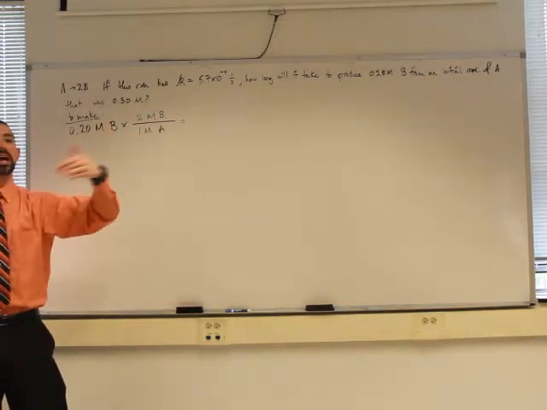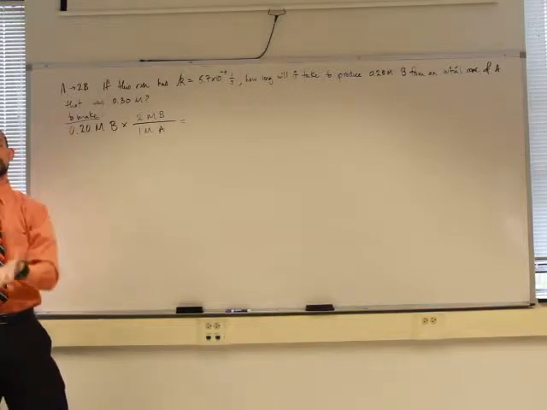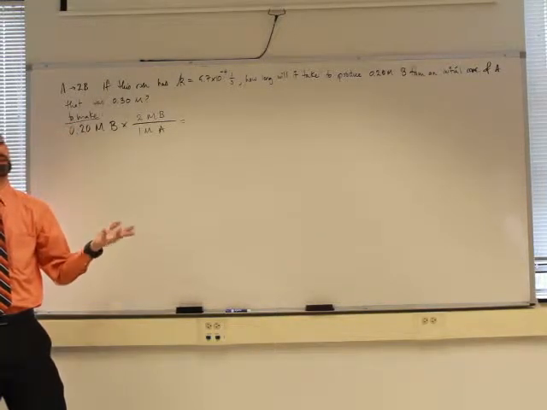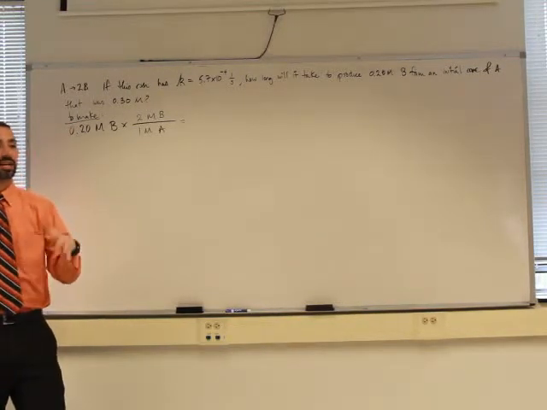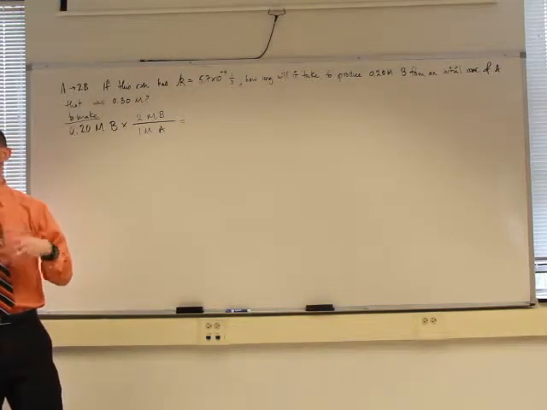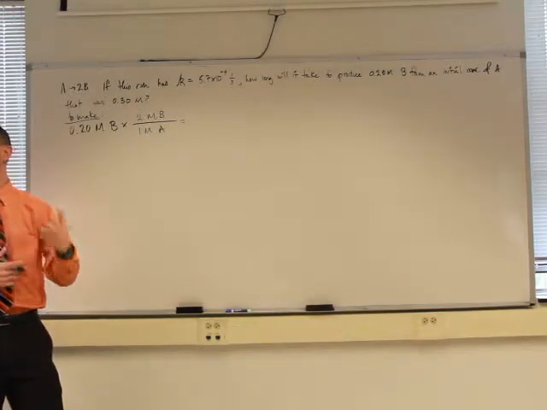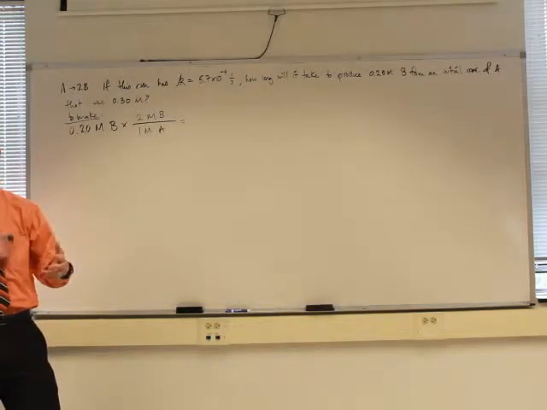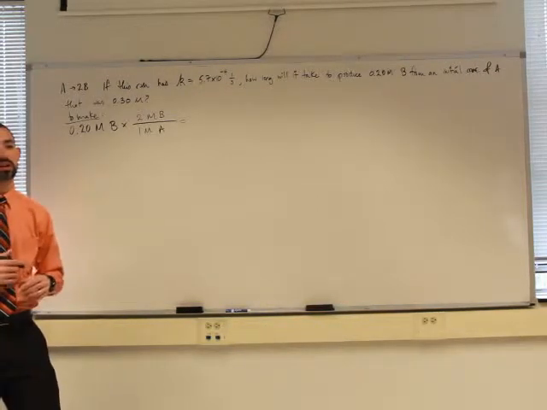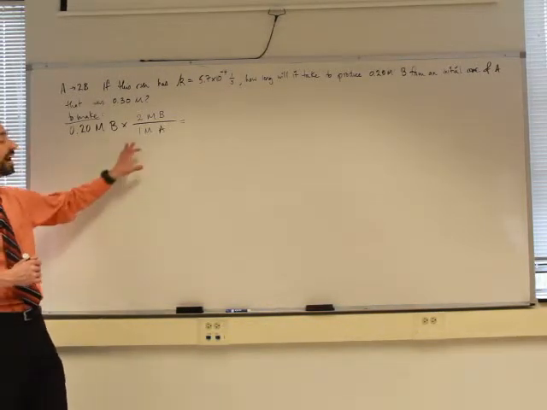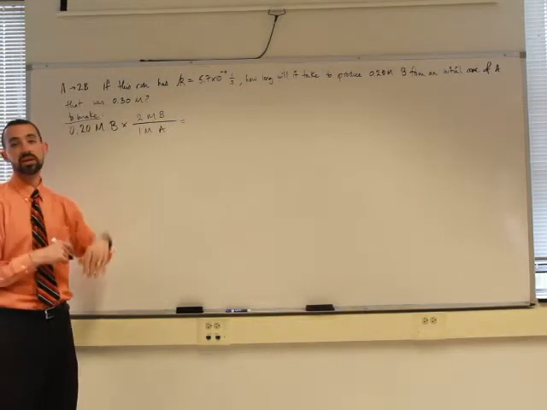So they should track directly as long as everything is in the same container. If they're in different volumes, then we're kind of out of luck, and you have to do an additional step. You have to convert molarity back to moles using the volumes. But for now, there's no reason to believe they're not.